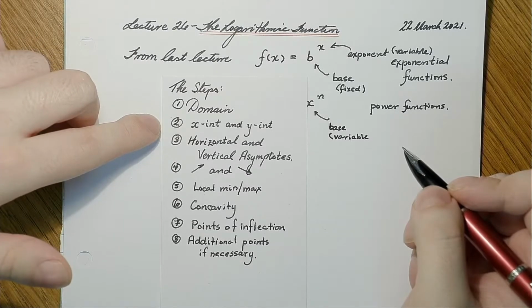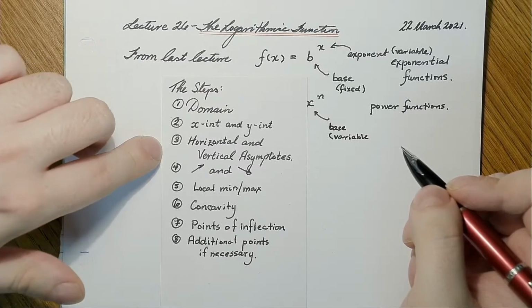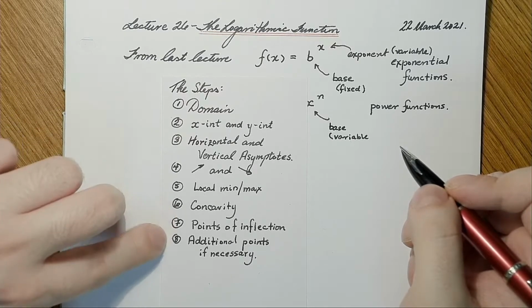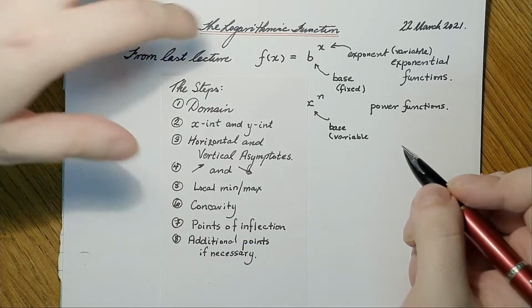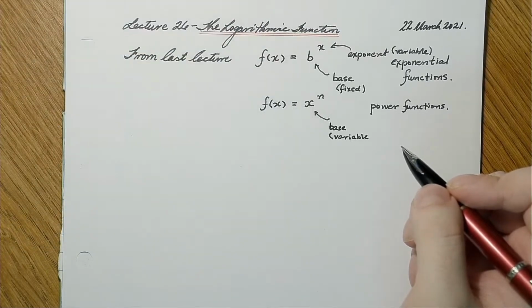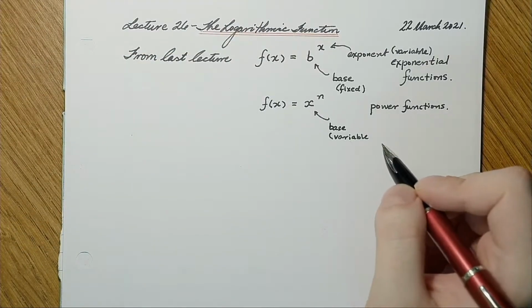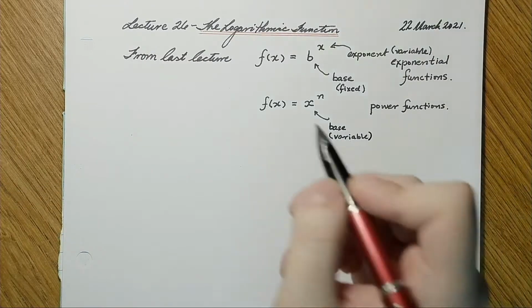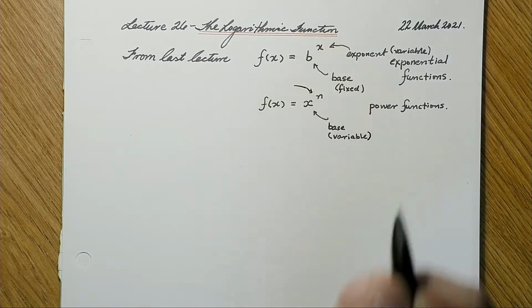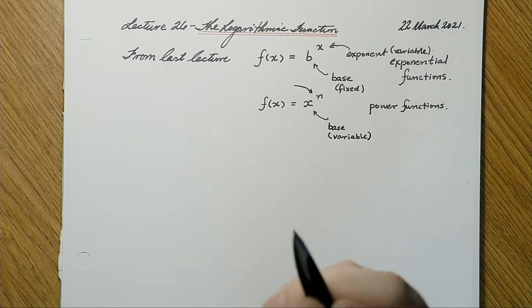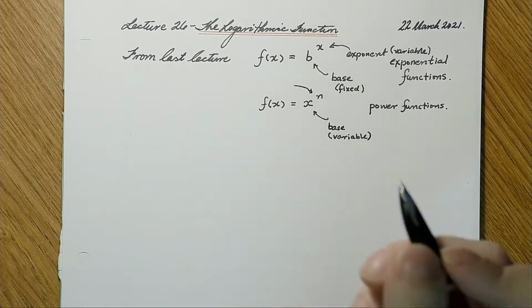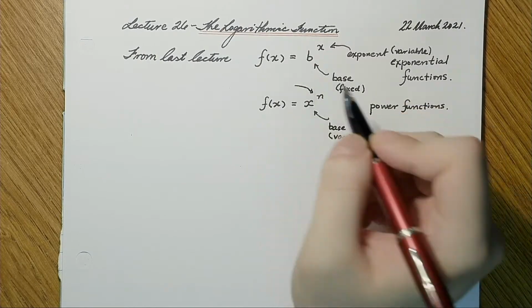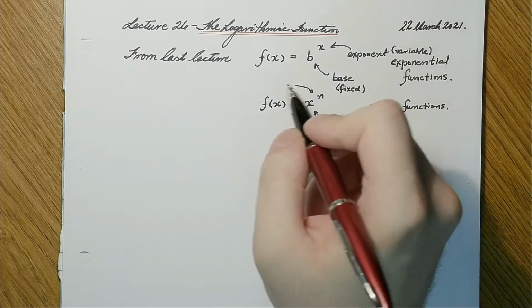So we had a domain, x-intercept, y-intercept, horizontal and vertical asymptotes, increasing, decreasing, local min-max, concavity, points of inflection, some additional points if necessary. I wrote those out again in the assignment just in case. So I would suggest going to the assignment and looking at that. I think I might have even some commentary for each step as well. I hope that answers the question.